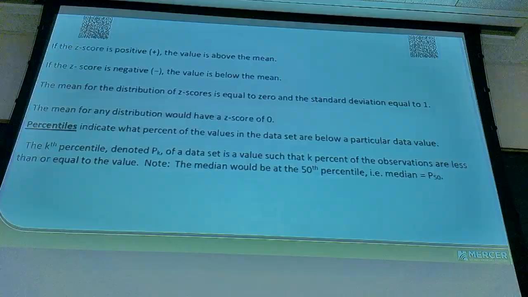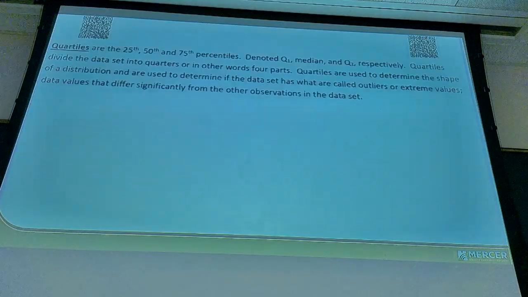Special collection of percentiles: 25th, 50th, 75th. These are your quartiles. And in fact, there were also 2 other values of particular note. The 0th percentile and the 100th percentile.